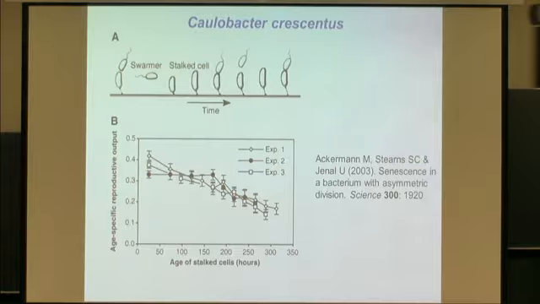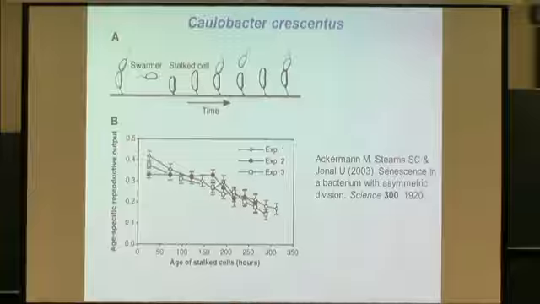Caulobacter crescentus is a very interesting bacterium that is attached to a surface by a stalk, and it produces swarmer cells that are motile and swim away and colonize the surface somewhere else. One to grow, one to go. And this organism has this strange way of cell division, which is budding.